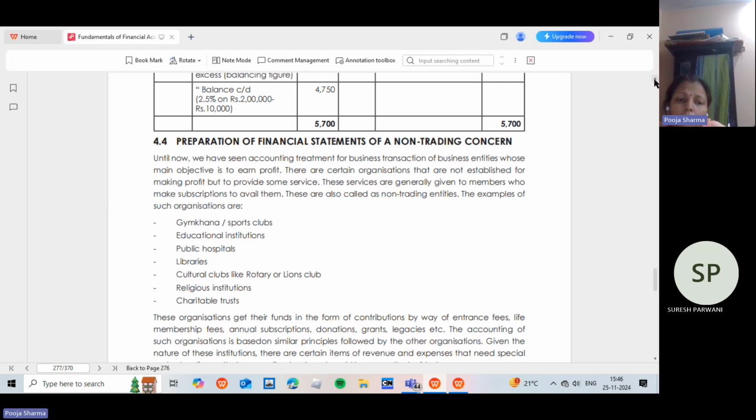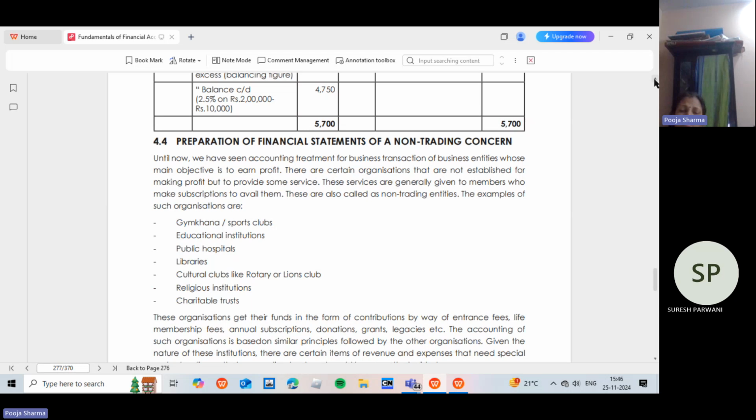Examples we have given are educational institutions, schools, colleges, charitable trusts, religious institutions, temples, cultural clubs like Rotary and Lions Club, libraries. They get the funds to carry out their activities from the members.